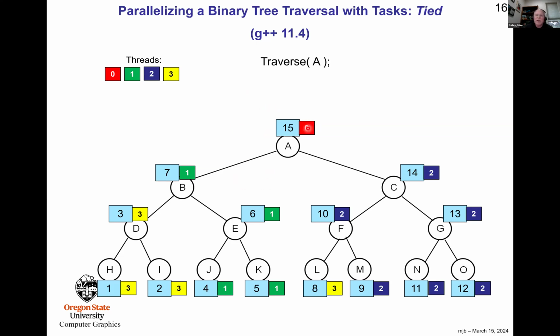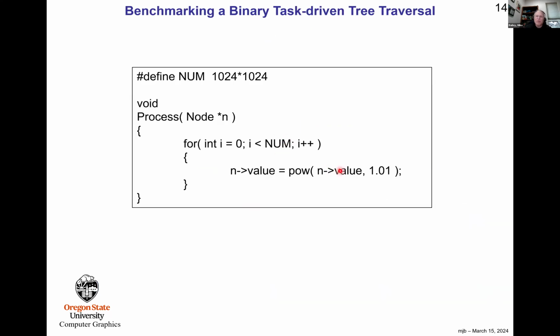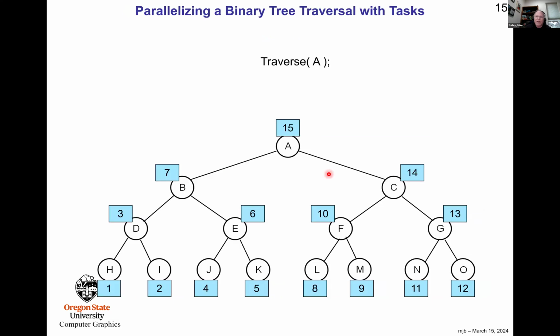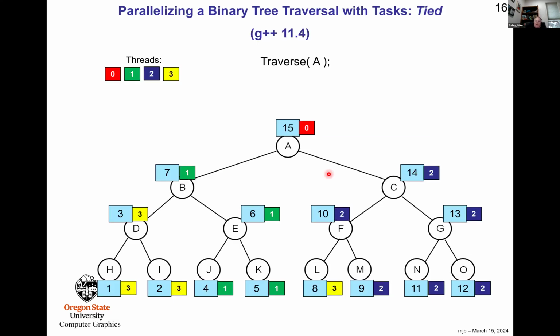And interestingly enough, thread 0 only did this one. And I think that's because thread 0 was the one traversing the tree. And so maybe it was too busy traversing the tree. Maybe I didn't put enough things to do here. I thought I had, but maybe not.